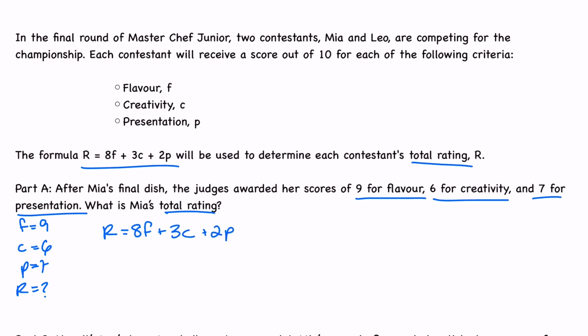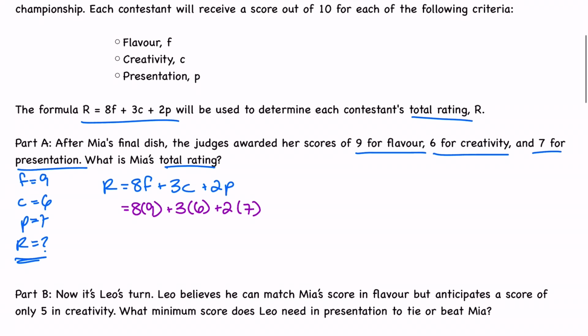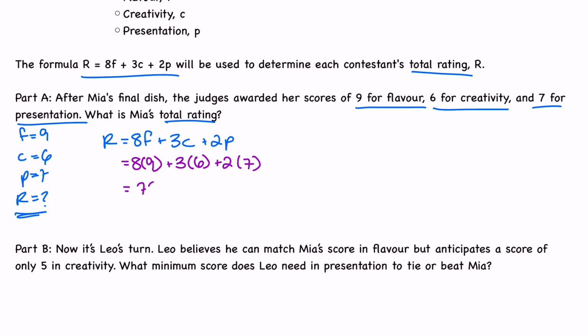In order to solve for our unknown, we must know all of the other variables, and we do. So we can plug them in and solve for R. R is equal to 8 times F, which is 9, plus 3 times C, which is 6, plus 2 times P, which is 7. 8 times 9 is 72, 3 times 6 is 18, and 2 times 7 is 14.